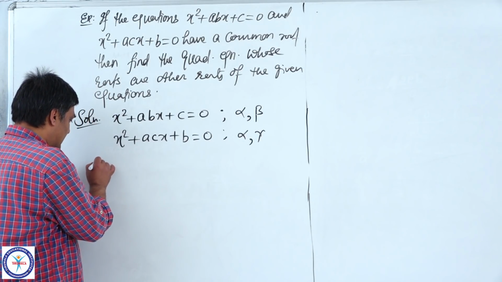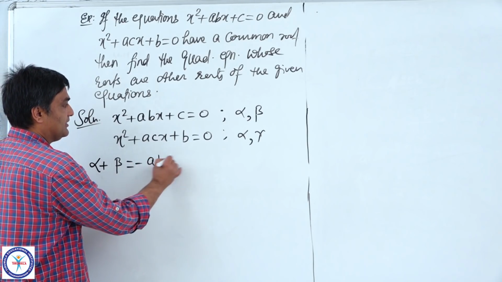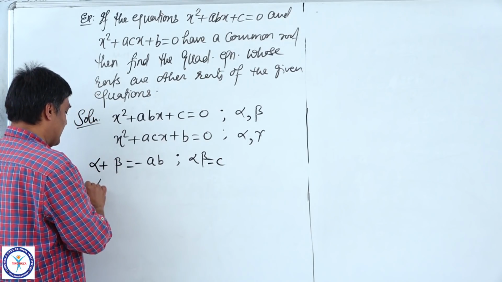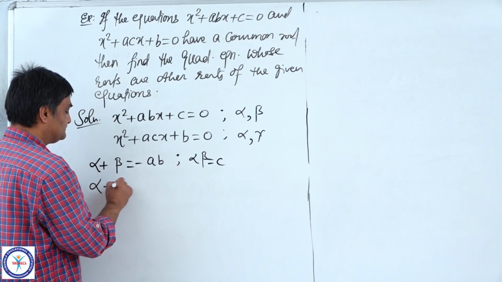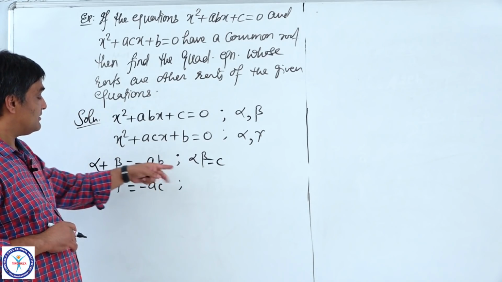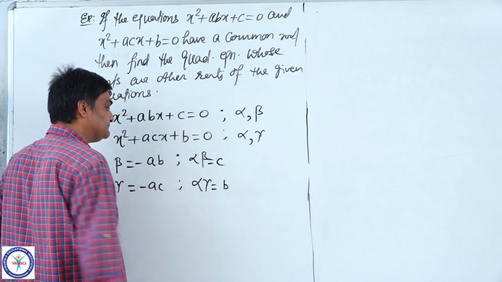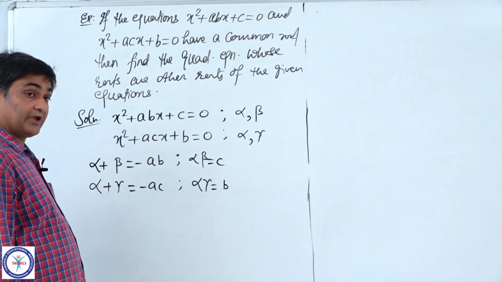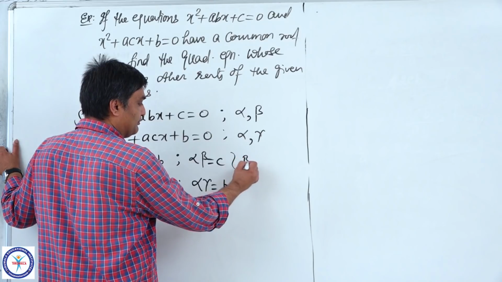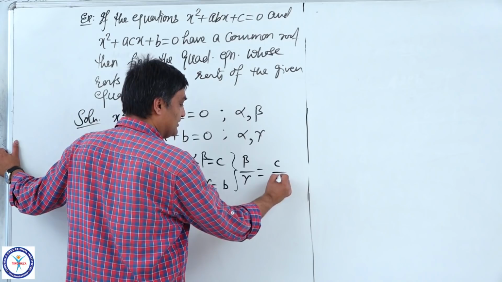Okay, what is alpha plus beta? Minus ab. Alpha into beta is c. Alpha plus gamma is minus ac, and alpha into gamma is b. Okay. From these two, we have beta by gamma equal to c by b.